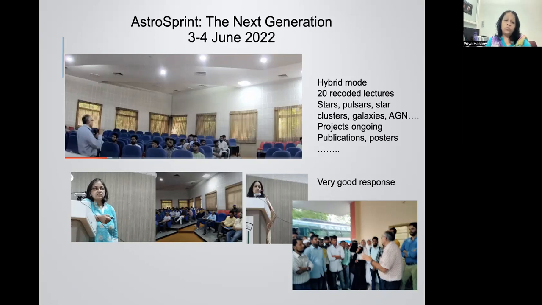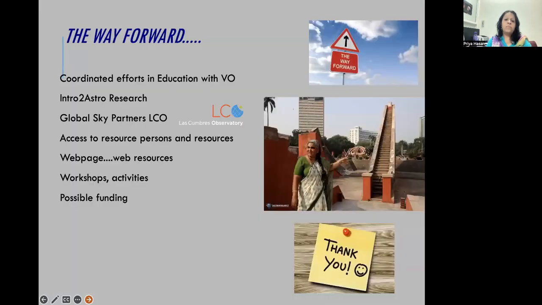And many of the students are obviously pursuing some kind of serious astronomy. On the whole, the project has been very, very useful, with a very good response. And we actually see that this experiment, which we tried out, of using astronomy data to teach people astronomy, seemed to be a very effective tool.